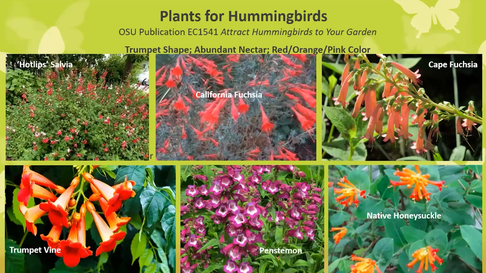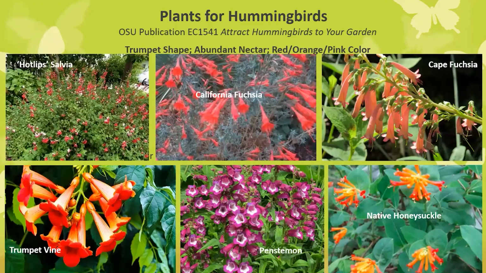Now, hummingbirds like flowers in trumpet shape with abundant nectar and in bright colors of red, orange, pink. Here are some examples of what they really prefer. So let's look at each one.